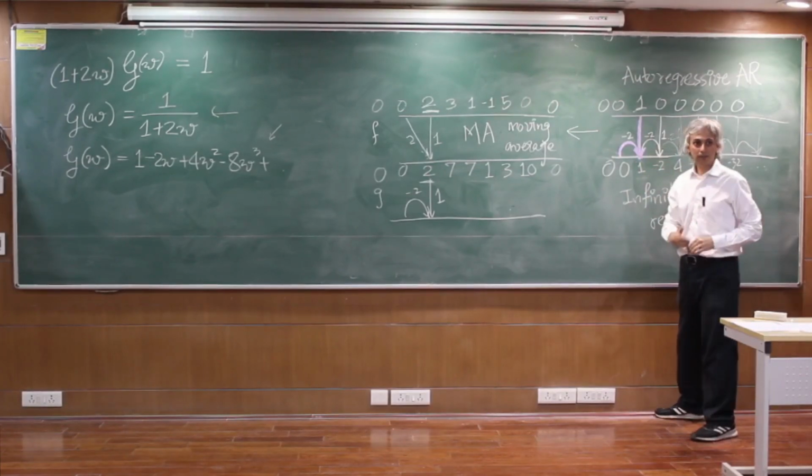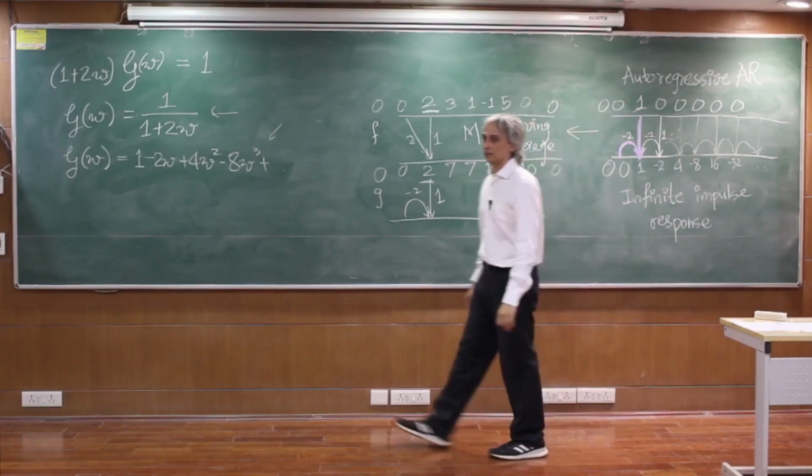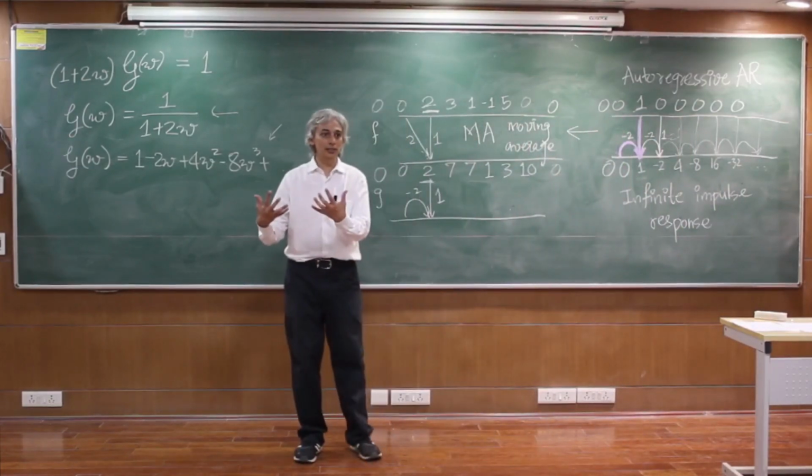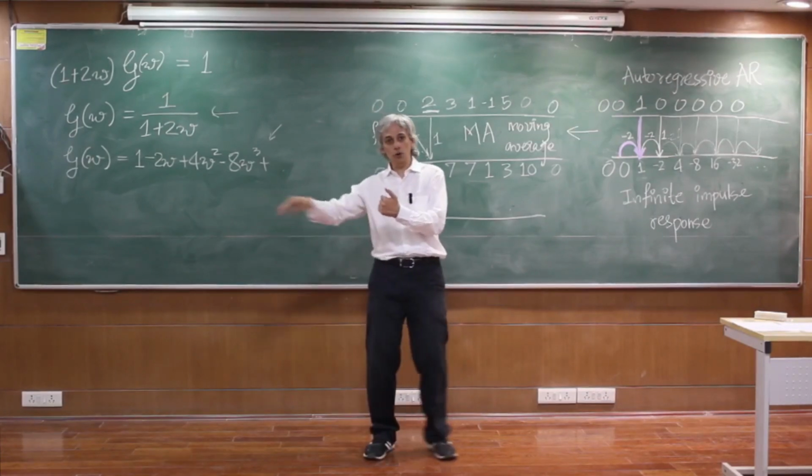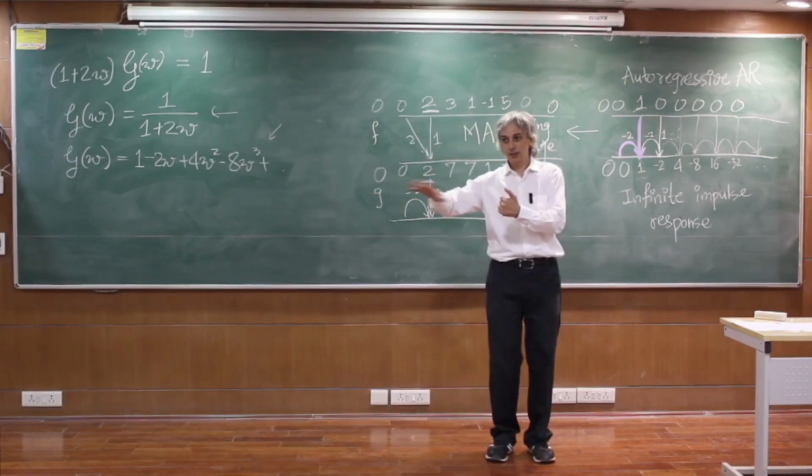So that's what an autoregressive filter is. It uses an input value and its own output values. Okay?